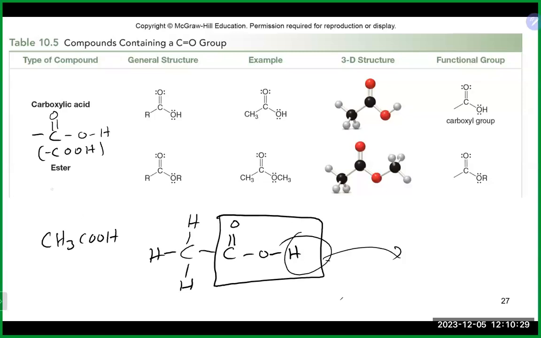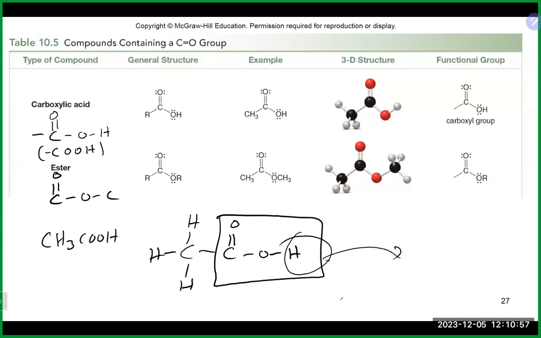An ester looks like a carboxylic acid, except that it has a carbon and not the hydrogen. And an ester is actually made from a reaction of a carboxylic acid and an alcohol. That is sort of how you make an ester. Esters are responsible for things that smell, like the smell of bananas, pears, fruits, oil of wintergreen, all those types of things are esters.